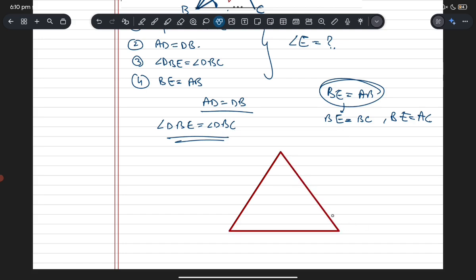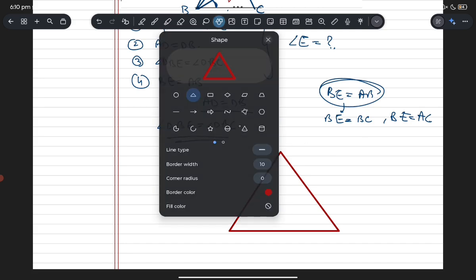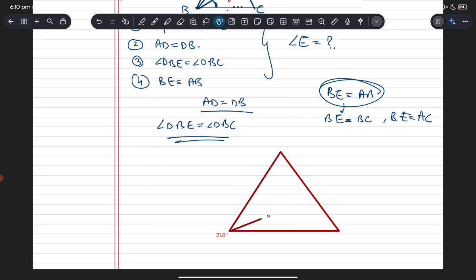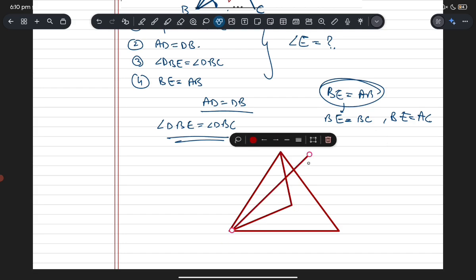Okay, this looks like an equilateral. Who cares? Yeah, so we have this point D. D will join this. It's in the problem. And E there. And one more. Yeah, this is the problem. We have triangle ABC.